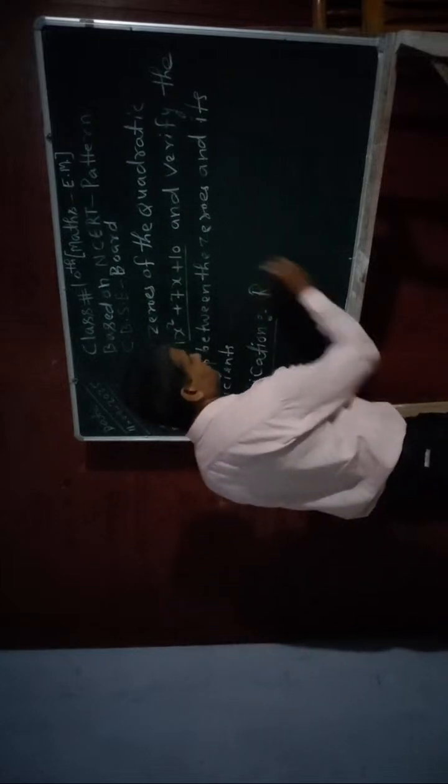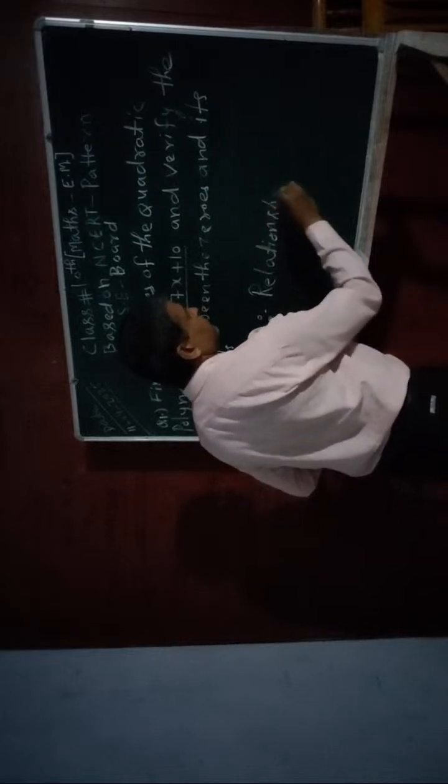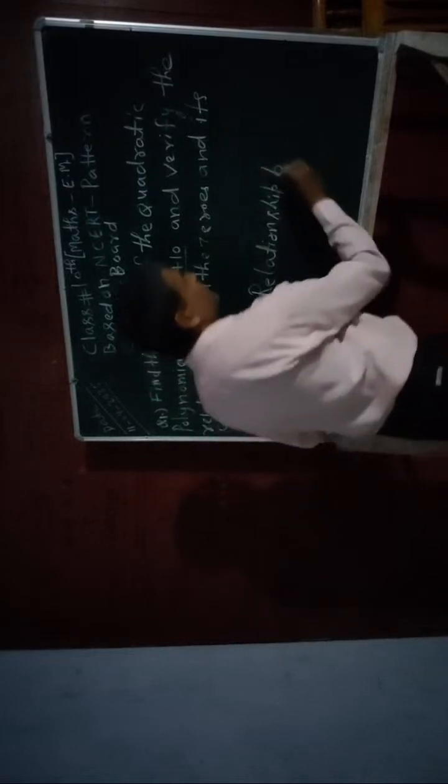In the case of verification, I will say the relationship between zeros and its coefficient is verified. In the shortcut it is written as BETWN.